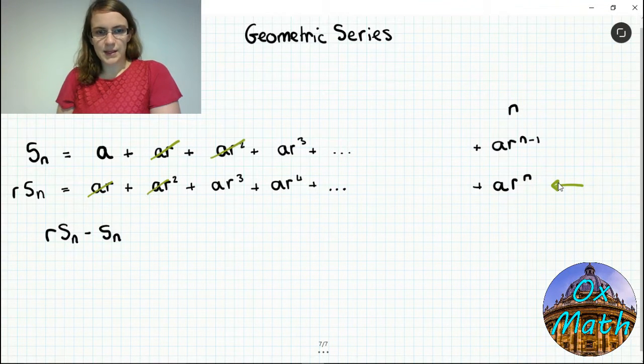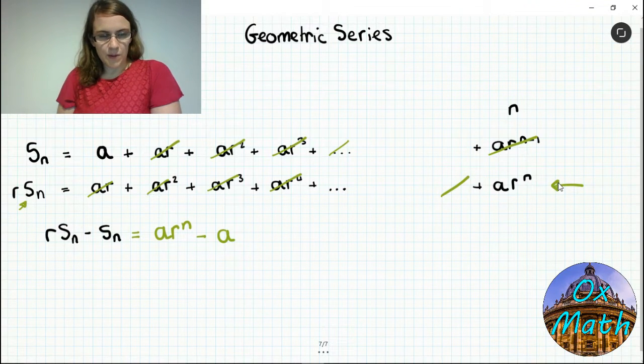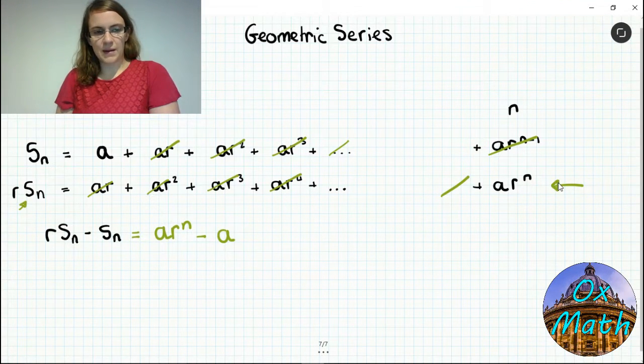The ar squareds will cancel out, the ar cubeds will cancel out, the ar to the 4 would cancel out with the term that would be here, and the ar to the power n minus 1 would cancel out with the term before the ar to the power n. So we are actually just left with ar to the power n from our bottom sequence minus a from our top sequence. So we end up with r times our sum minus our sum is equal to ar to the power n minus a.